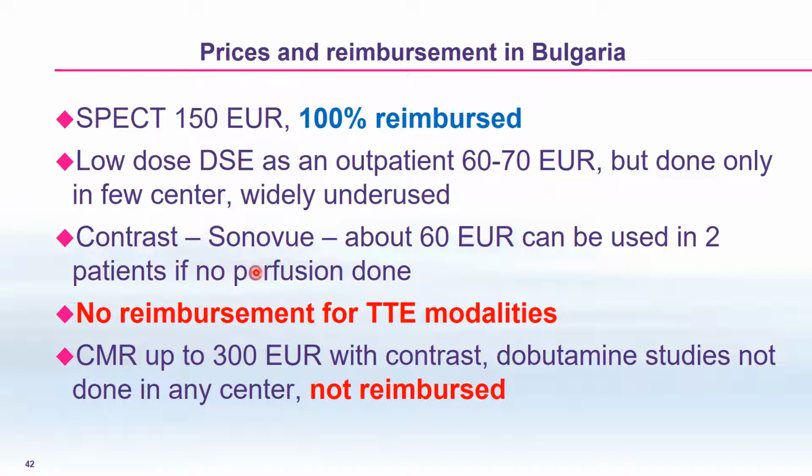The dobutamine stress test and the contrast are not reimbursed, so the patient has to pay, and it usually costs the patient between 60 and 70 euros as an outpatient to do a dobutamine stress echo. The contrast agent is another 60 euros, but it can probably be used on 2 or 3 patients. There is no reimbursement for dobutamine stress echo and for the contrast. The CMR goes between 200 and 300 euros with the contrast, and we don't do dobutamine in Bulgaria, and there is no reimbursement.